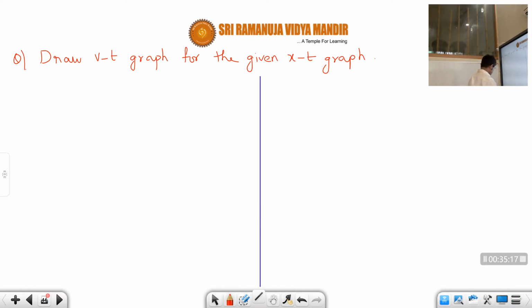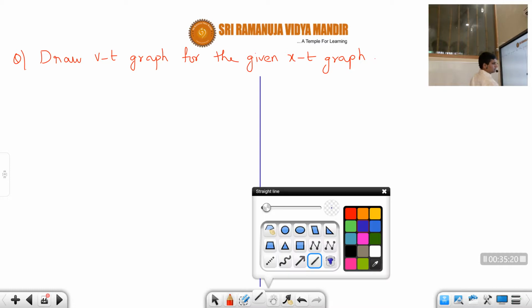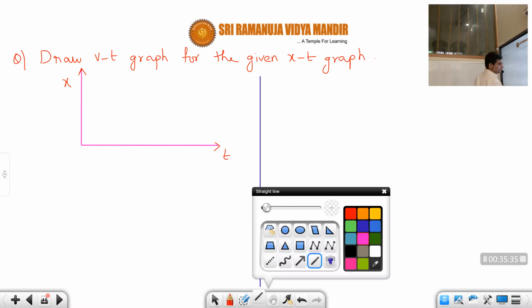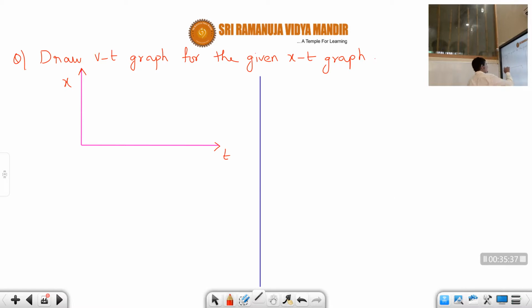Okay, students. So let me give the xt graph like this. This is the time axis. This is the position. So this is called x and this is called time. Now here the xt graph shape is like this, students, like this, and then like this, and then like this. This is the shape of the xt graph. Now the second one; this is the first one, a, next b.